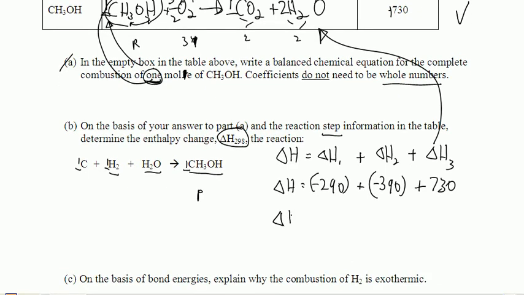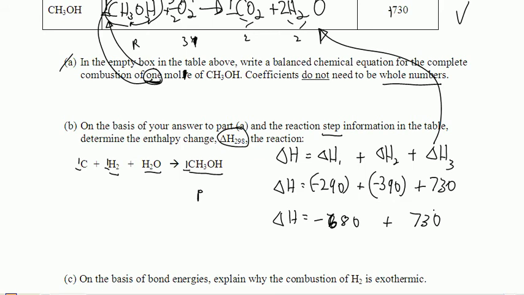So delta H is going to be equal to a minus 680 plus a positive 730. Okay?